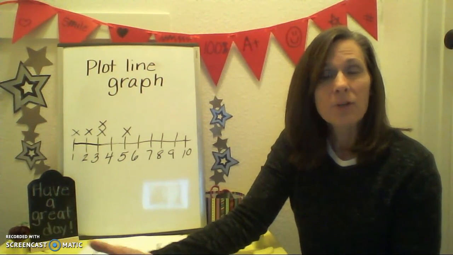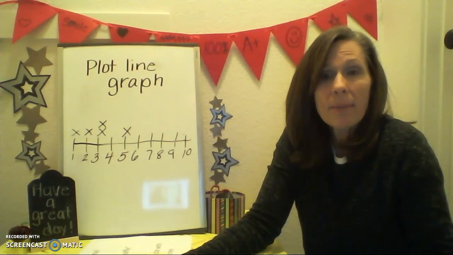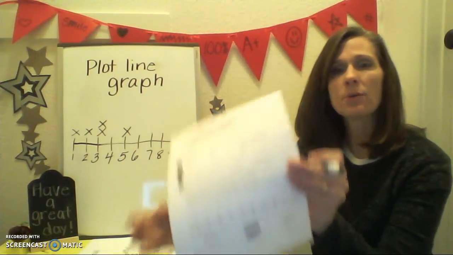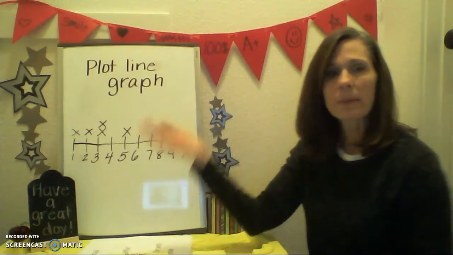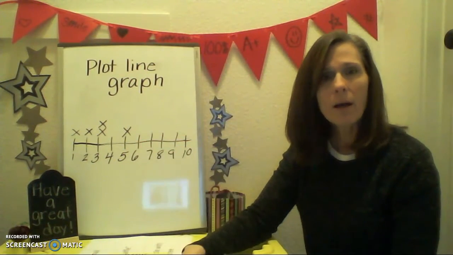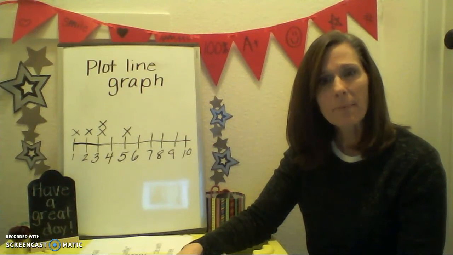Something like that, where you can ask people in your family. You can make some phone calls and ask some friends. Or you can just make up how many you want and plot them on your plotline graph if you want to do a little practice at home. So I hope that helps you, especially with this problem right here, and gives you a little bit of an explanation on how to read a plotline graph and what it means.